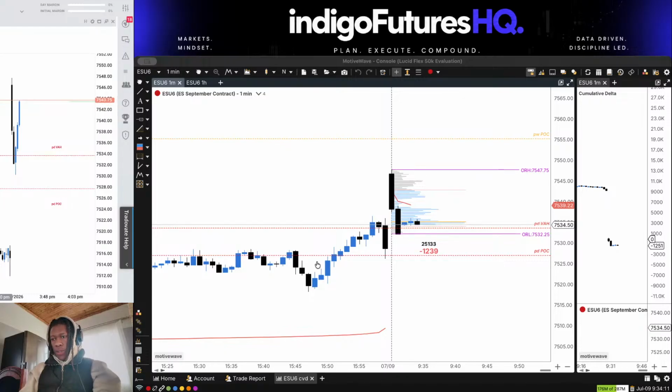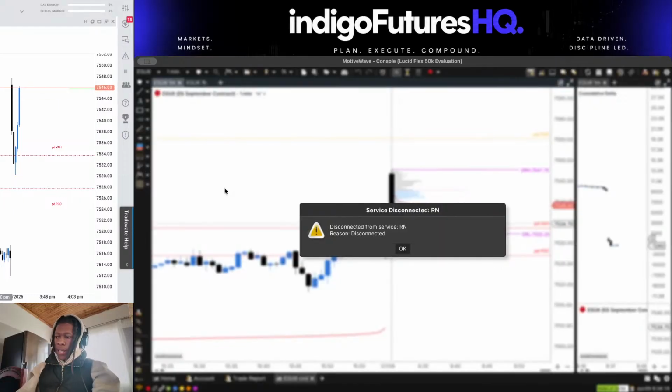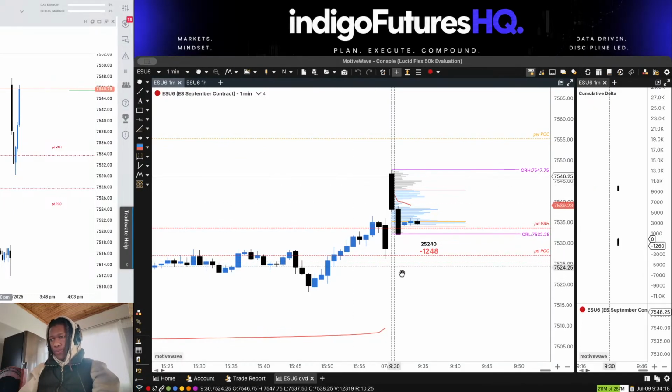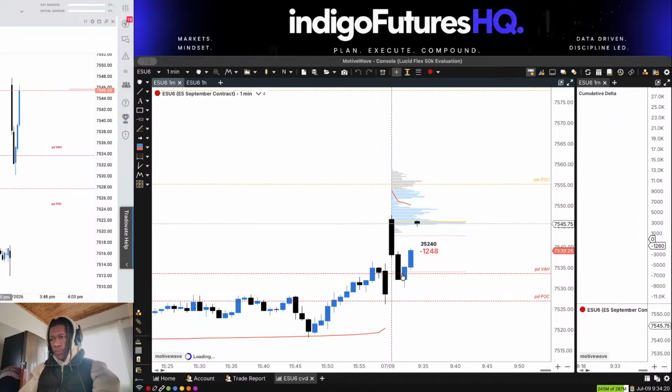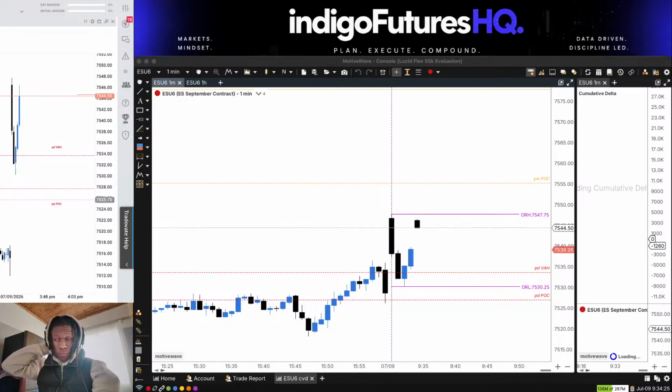It usually sends out these overnight levels, which we actually might need to draw ourselves because he hasn't sent that email just as of yet.